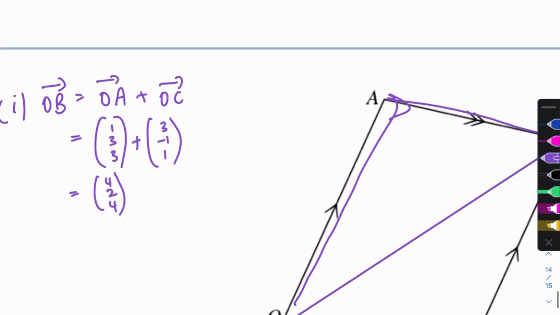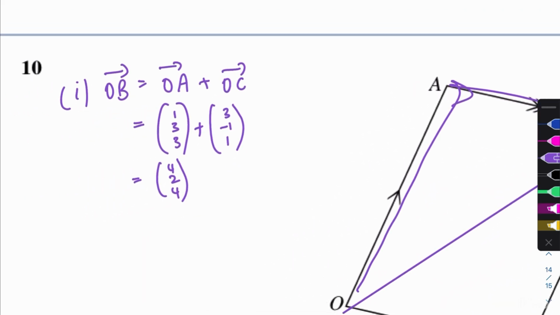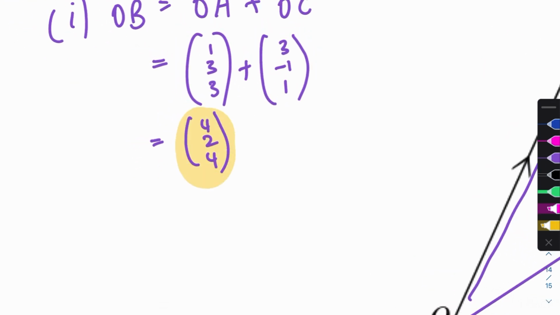So that's OB, but since we want the unit vector, that means that the magnitude has to be 1. Now the magnitude of this vector is probably more than 1. To find the magnitude, we do this. The magnitude of OB equals, and you put a square root sign, you square all the elements inside it and add them together.